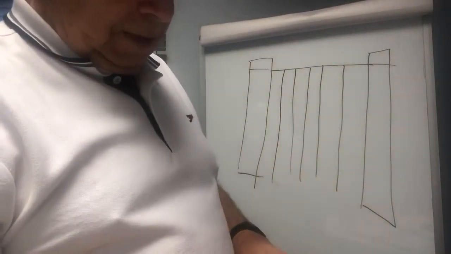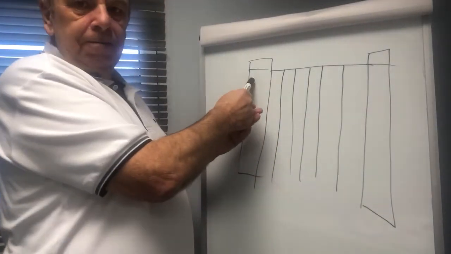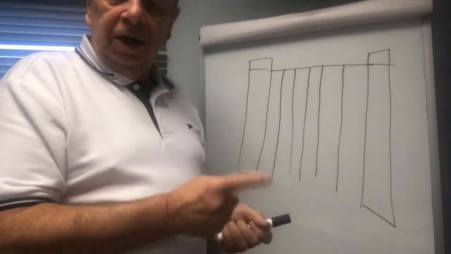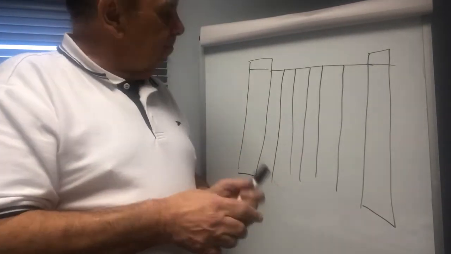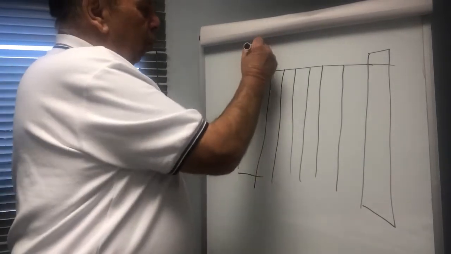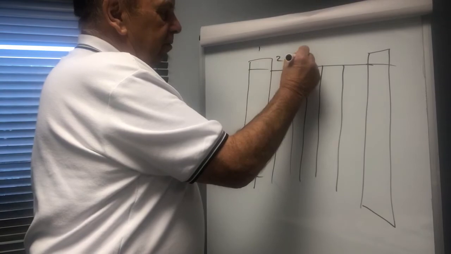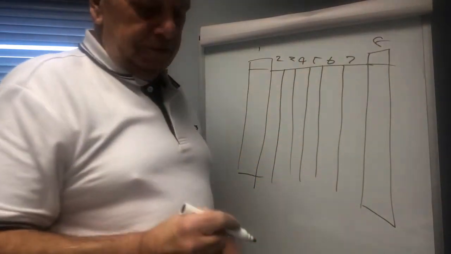So, elements found in group 1 contain 1 electron in the outer shell. Elements found in group 2, let's number them up, 1, 2, 3, 4, 5, 6, 7, 8.